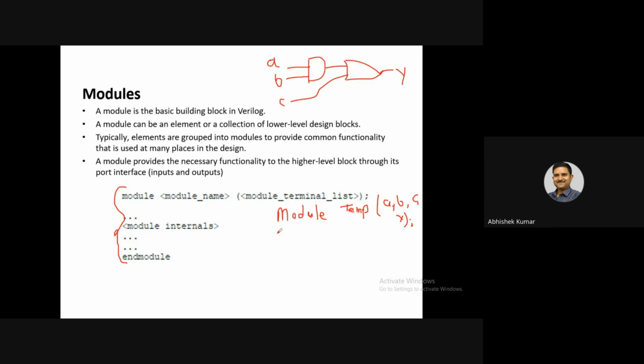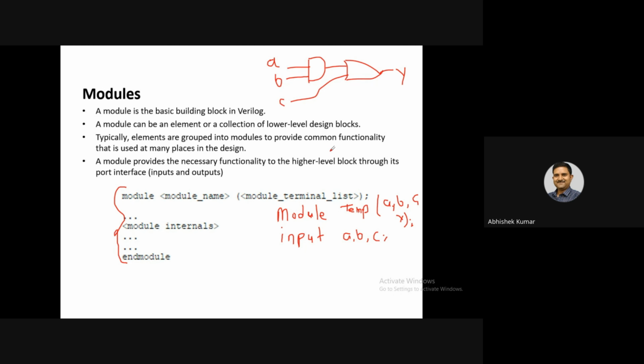Afterwards, here we have to define terminals. Terminals come here as input. We have to define which are our input ports and which are our output ports, so we have to make the separation now. A, B, and C, there are three input ports, as we can understand from the diagram.